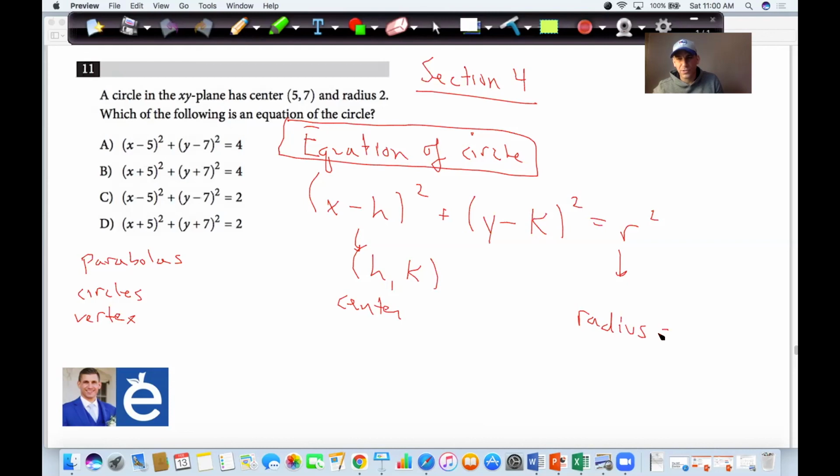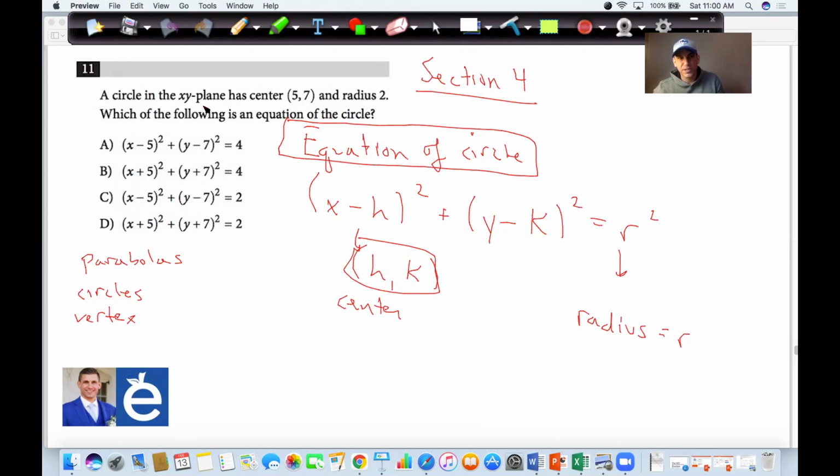Now, do notice that it's just r and not necessarily r squared. And do notice the h and the k here are without the negatives in front. So the negative h and the negative k are how the equation of the circle is written. However, for the actual center of the circle, what we're going to identify, you kind of have to flip them.